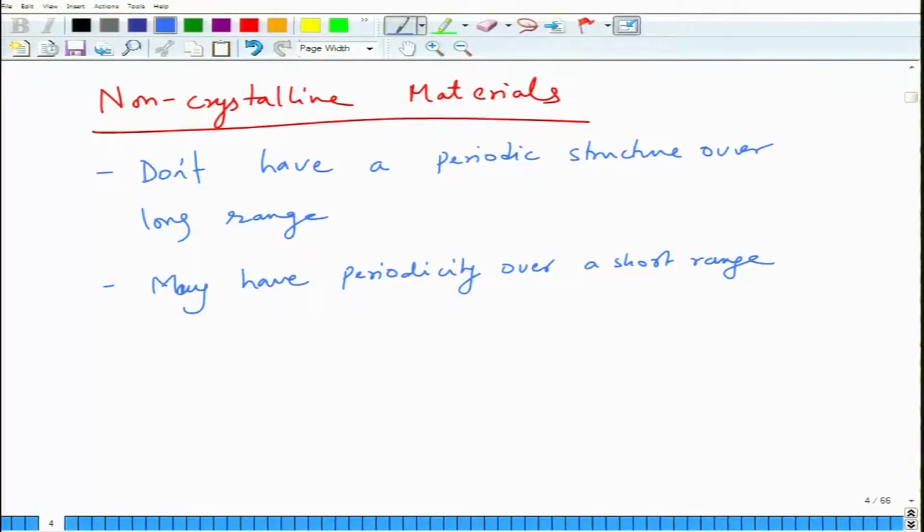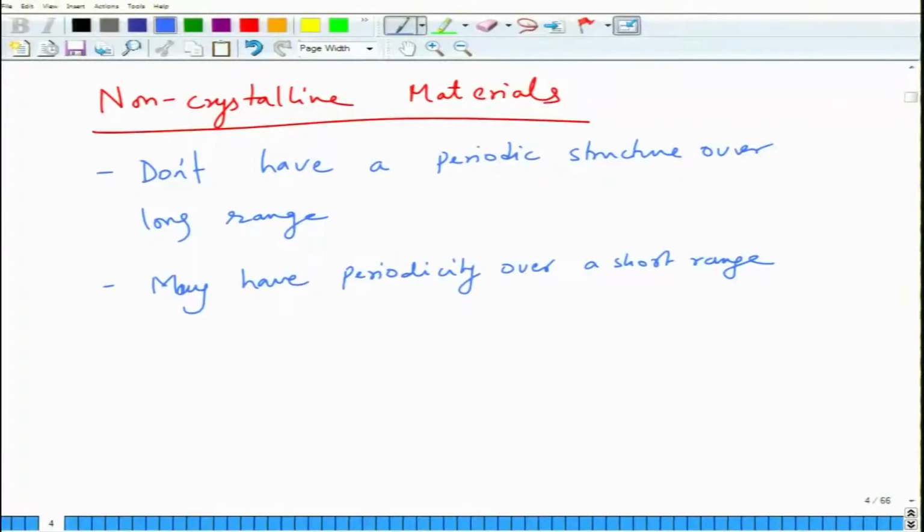When you look at a few tens and hundreds of nanometers, the periodicity breaks down. So they may have periodicity over short range, but they do not have periodicity over long range. Such structures are typically open structures, and they have varying bond lengths.